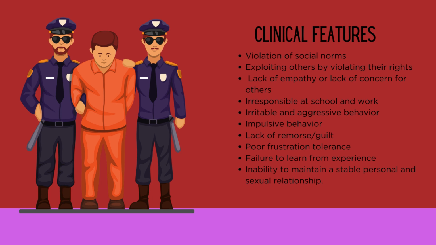Also, in the beginning of childhood itself, there will be a history of lying, stealing, running away from home, fights, and substance abuse. So these are the features of conduct disorder. Like BPD, antisocial is a severe form of cluster B. That is why it is marked with impairment and social relationship problems.